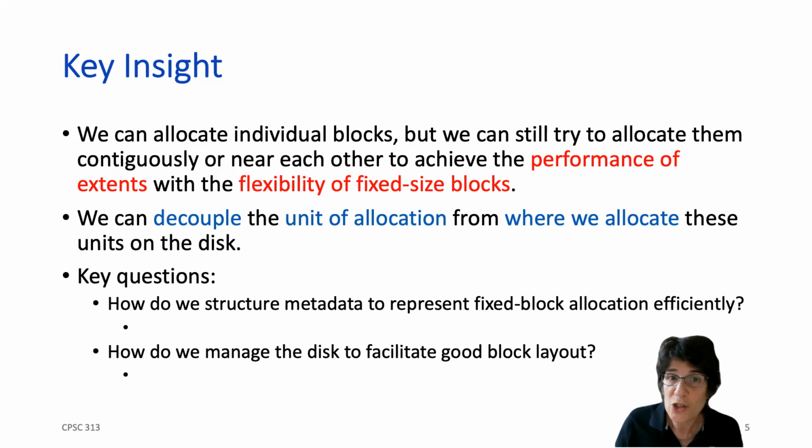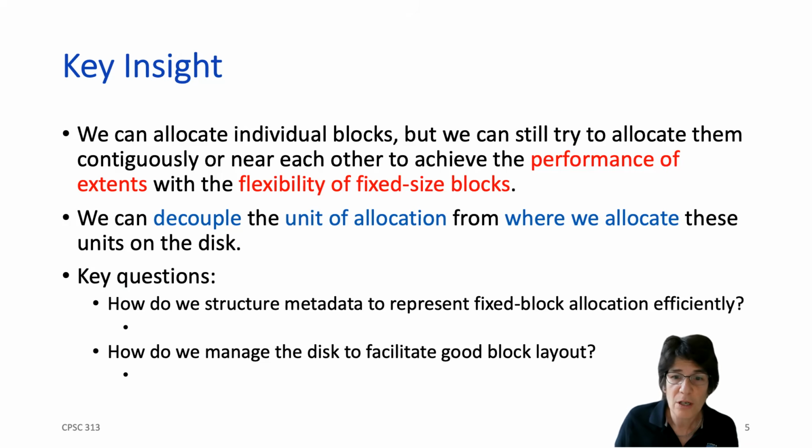And if I am able to do that, suddenly I can get kind of the best of both worlds. I get the flexibility that these block-based systems give us with the performance that I get when I allocate space contiguously. And so what we're going to do moving forward is look at 2 key questions, right?